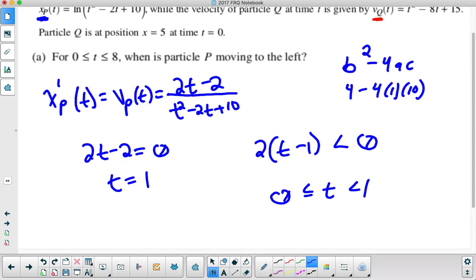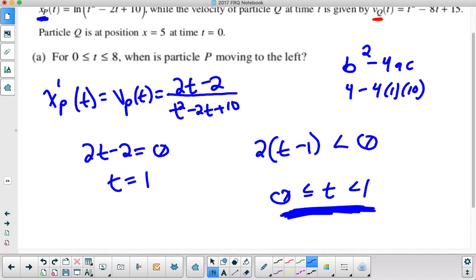Okay, but not including 1 because that's where it's equal to 0. We want to know where it is less than 0, so that's where it's going to be negative. So that's your answer for that one. It's going to be moving left between 0 and 1.